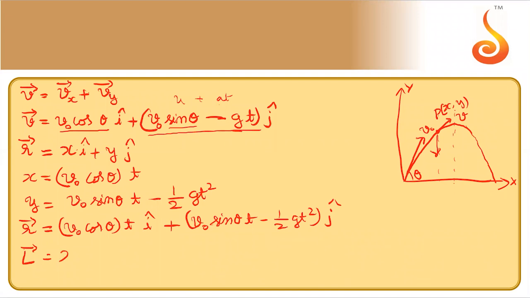Angular momentum should be r cross m v. So I can write it as m into r cross v. m is scalar anyways. So r is here, v is here. So i cross i is 0, j cross j is 0. But i cross j is k.